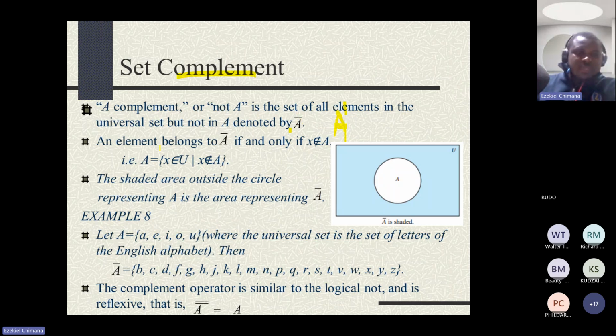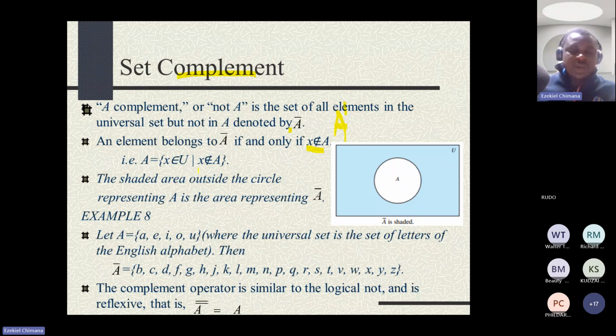So an element X belongs to the A complement if and only if X is not an element of A. In other words, X is an element of the universal set, but X is not an element of A. So when we're talking about a complement, we are talking about the elements which are within the universal set but are not in that set, the subset of the universal set that we are talking about.